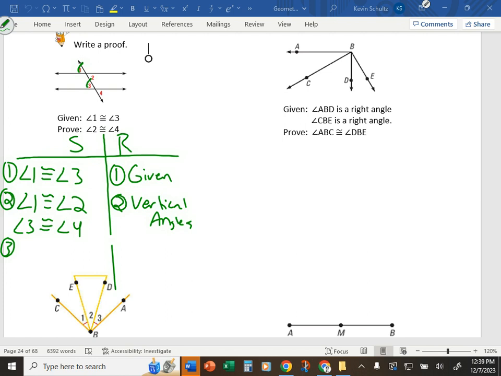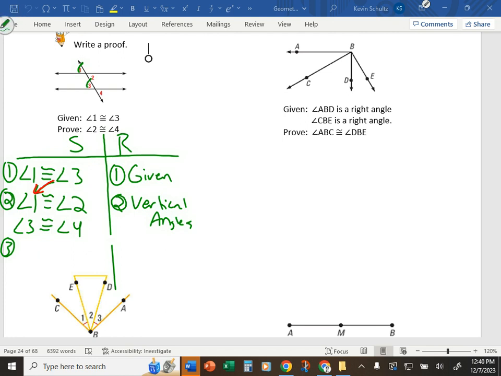So to summarize what she just said, okay? Knowing that 1 is congruent to 3, and knowing that 1 is also congruent to 2, we can replace angle 1 in this statement with angle 3. And I'll do this in red because you don't have to write the arrow here, but I'm showing you what we're doing here.